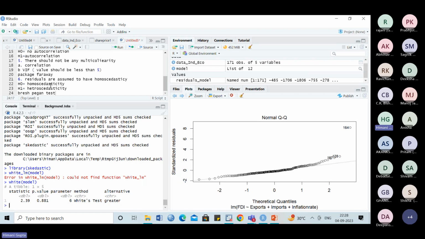Whenever you are writing a research paper, always give the backup of which test the previous researchers have used, as well as your theory. Your theory is the base for doing any test or applying any model. So don't apply the test blindly. There should be some theory behind that.